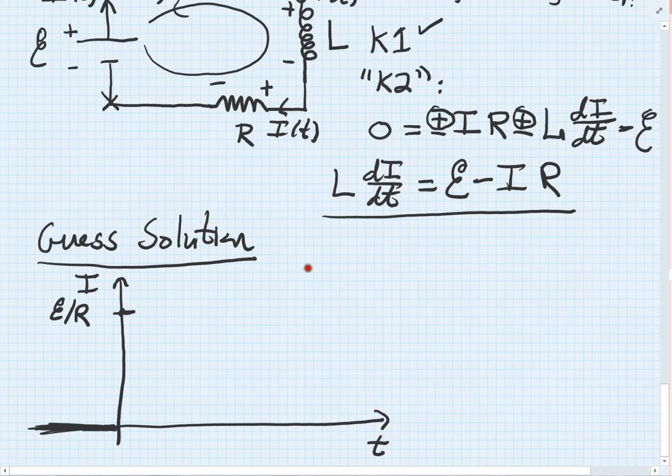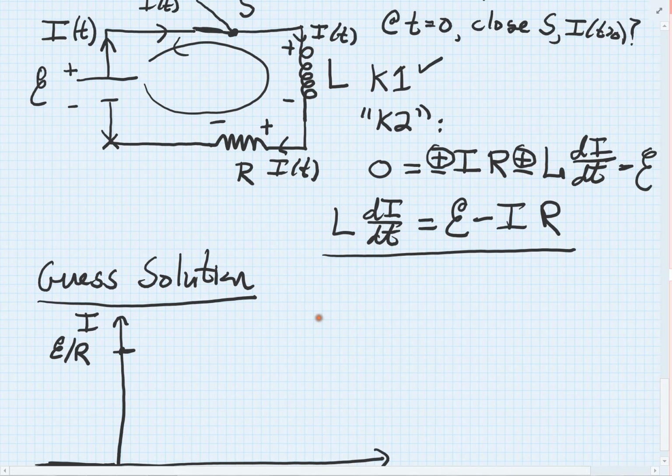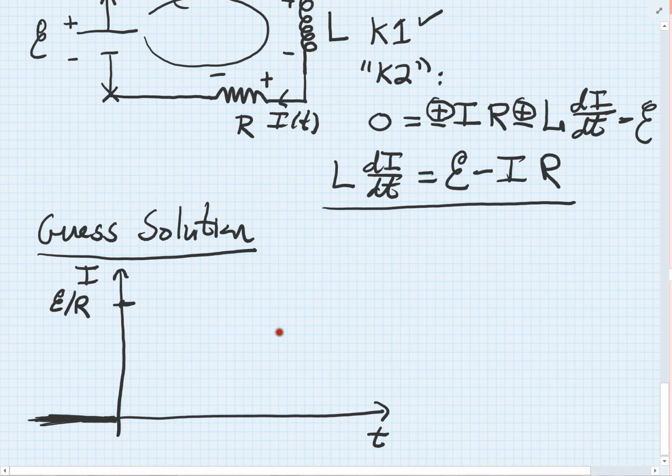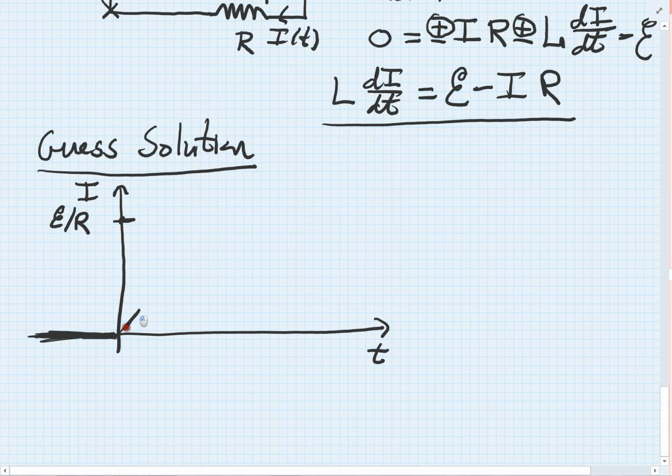In fact, what has to happen is that even though we can guess that the current wants to start to increase, it has to be a continuous function. And to be a continuous function, the current has to come in from 0 like so. So let me make a little note of that.